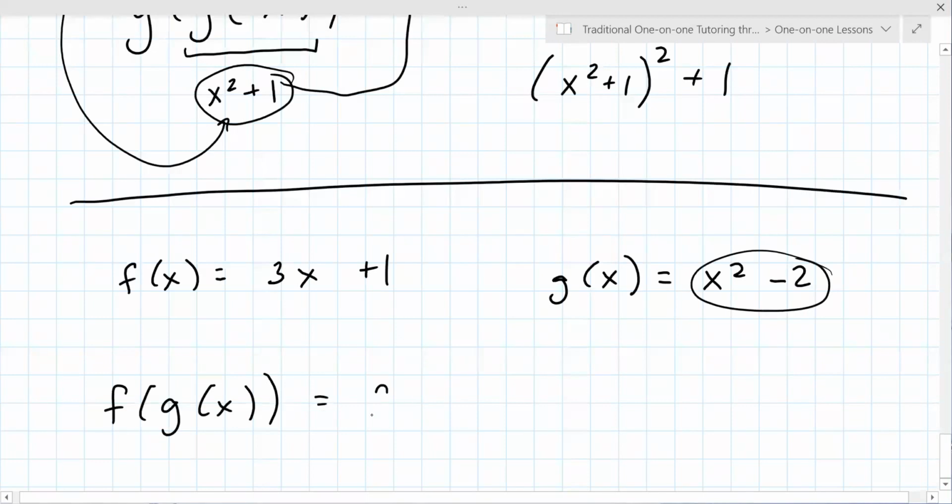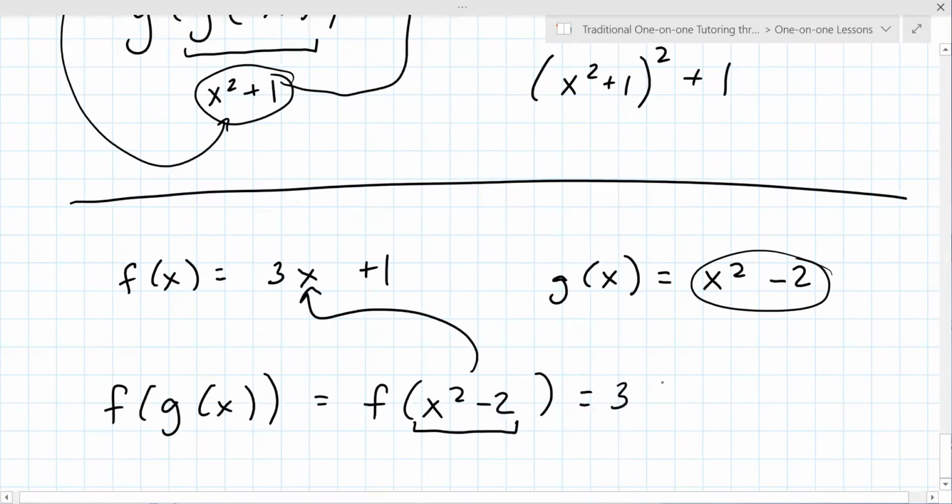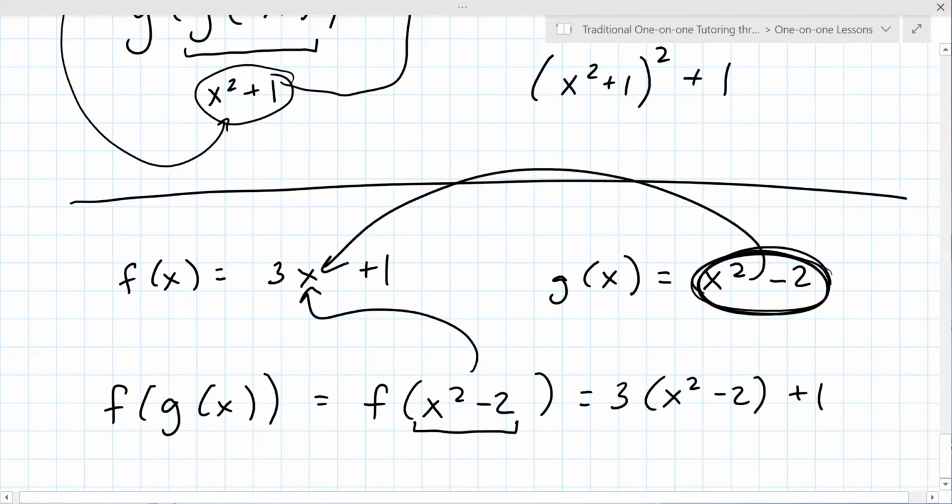So this is like saying f of x squared minus 2. And what this means is wherever you see an x, you're going to replace it with x squared minus 2. So this equals 3 times x squared minus 2 plus 1. So you take this and you put it in for x. Okay, that makes more sense.